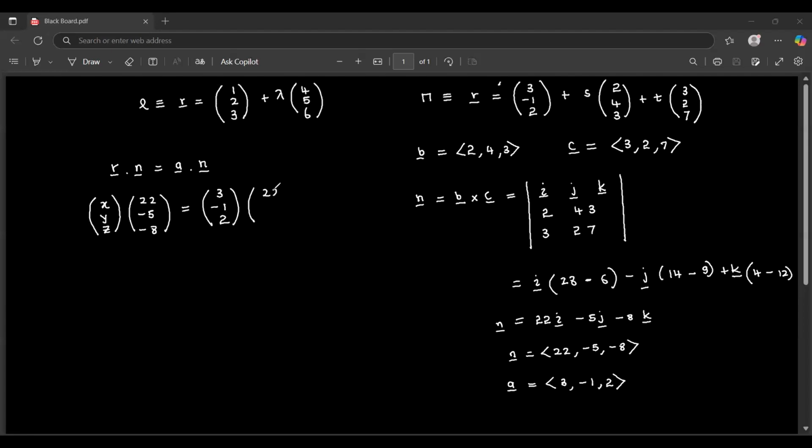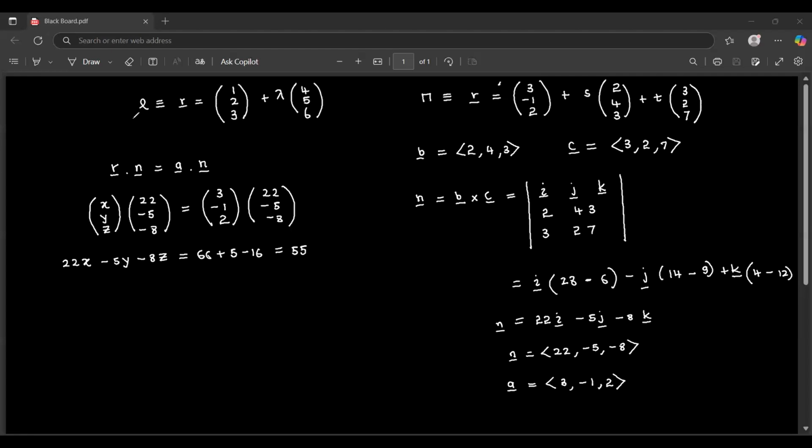So you can come up with 22x minus 5y minus 8z equals 66 plus 5 minus 16. So this is equal to 55.